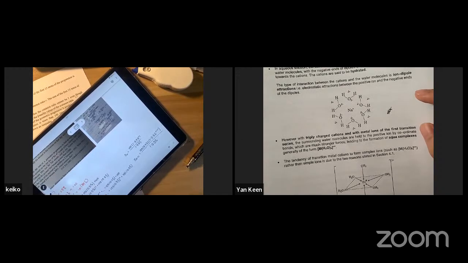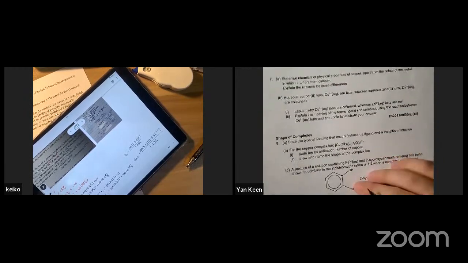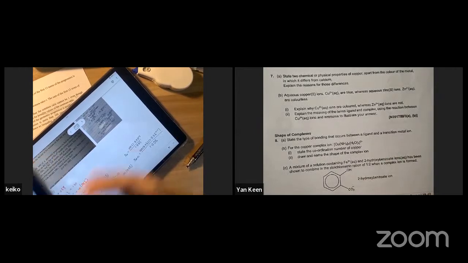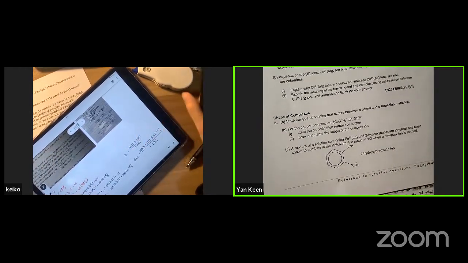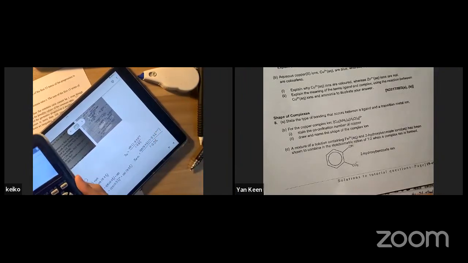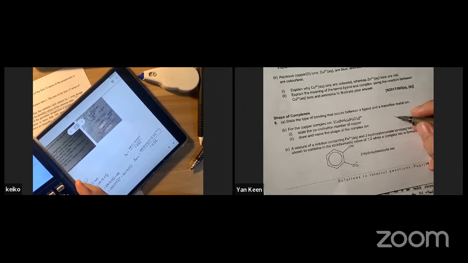Since the question already tells me that the 2-hydroxybenzoate ion will be there, he's telling me that 2 will be there. So I just have to replace 2, right? And I have to replace 2 in a way that they are very far from each other because they're very big compared to hydrates. Hydrates are very small.